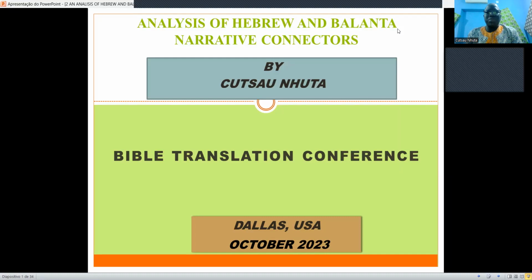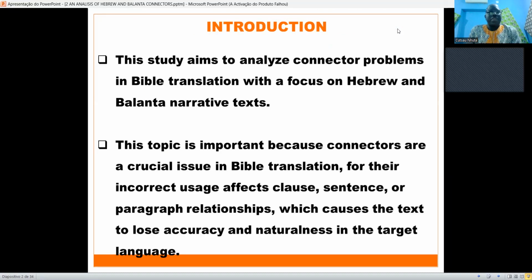Analysis of Hebrew and Balanta Narrative Connectors by Cutsau Nhuta, Bible Translation Conference, Dallas, October 2023. This study aimed to analyze connector problems in Bible translations with focus on Hebrew and Balanta narrative text.